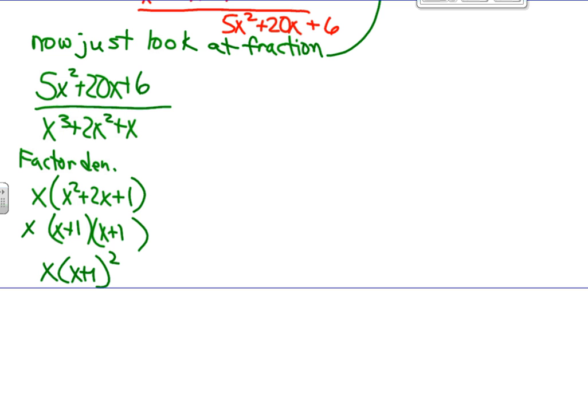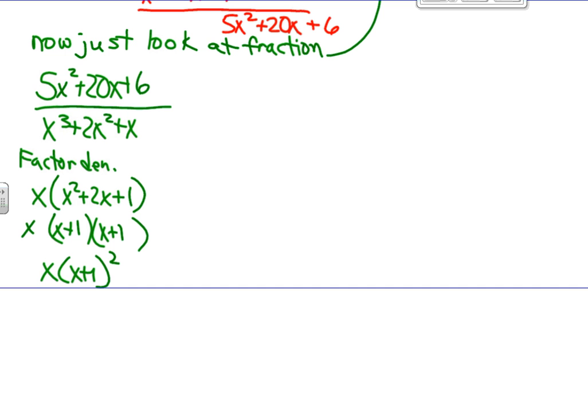So the wonderful thing about this one is now I have multiple powers of one of my factors in the denominator. And so when I have multiple powers, I have to have a fraction that has x plus 1 as the denominator and another fraction that has x plus 1 in parentheses squared as a denominator.